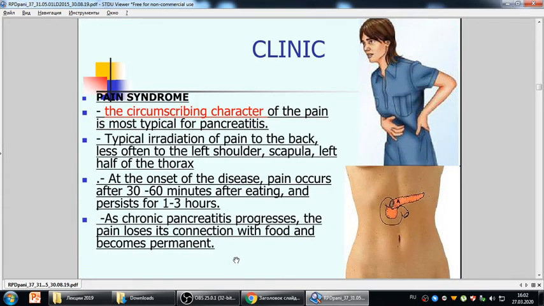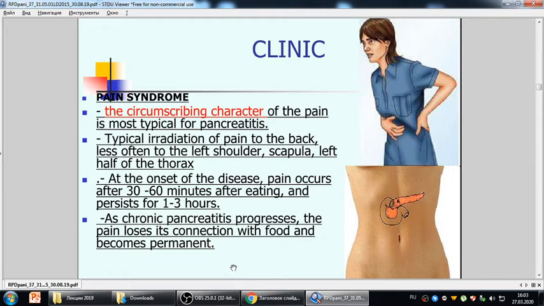Clinically, it can also be represented by pain syndrome, and the particulars of this pain syndrome: circumscribing character of pain is most typical for pancreatitis, and typical radiation of pain to the back, less often to the left shoulder, scapula, left half of the thorax.